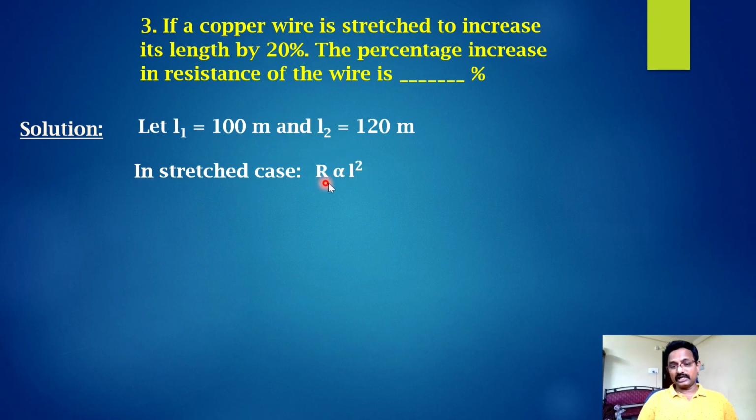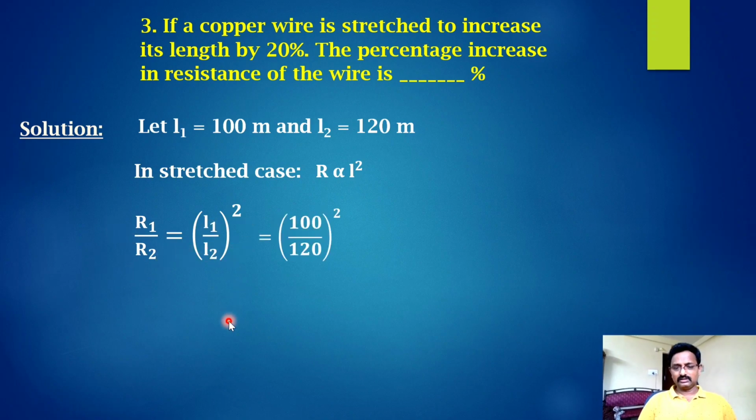we know that R is directly proportional to L square. Why? Because here volume is constant. So from this, we can write R1 by R2 is equal to L1 by L2 whole square. That is equal to, substitute L1 100 by L2 120. 0, 0 cancel.